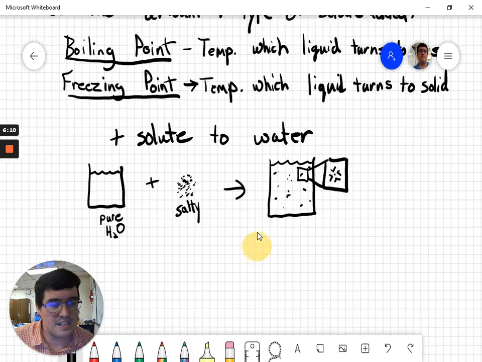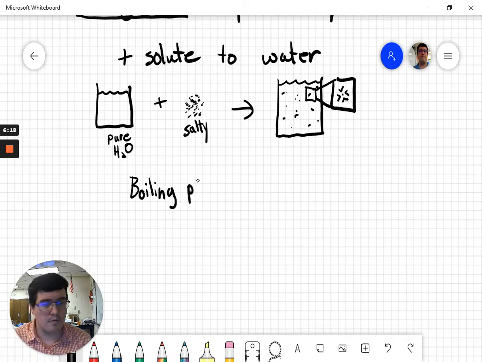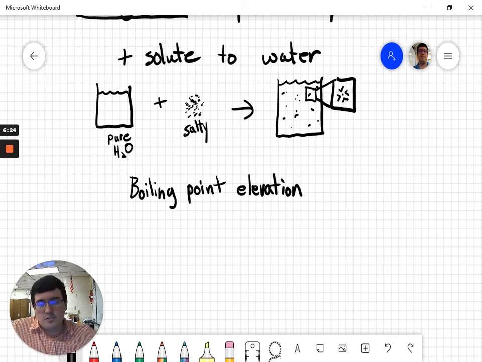So the colligative property here is that the boiling point goes up. Because those water molecules stick together a little bit better, they don't want to boil, they don't want to go into gas, and the energy it requires, the temperature, has to go higher and higher.